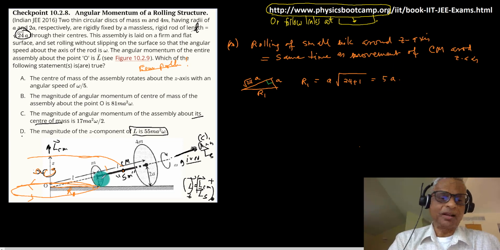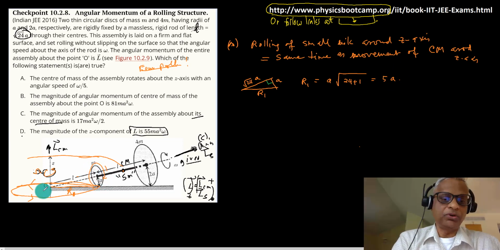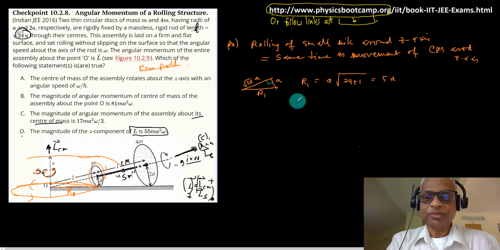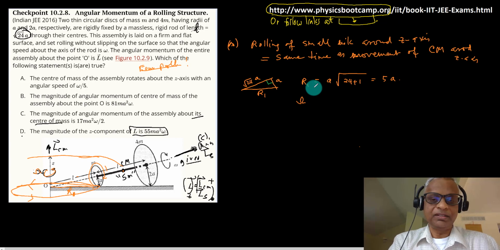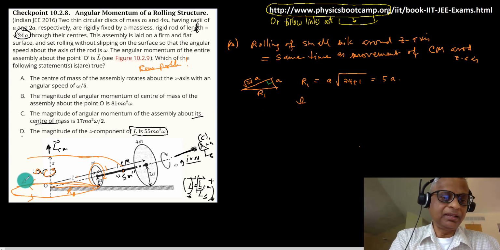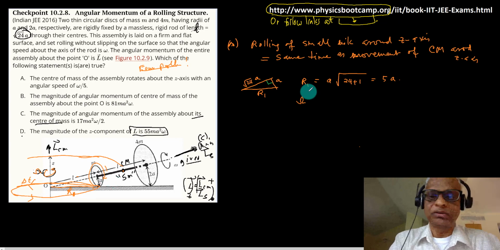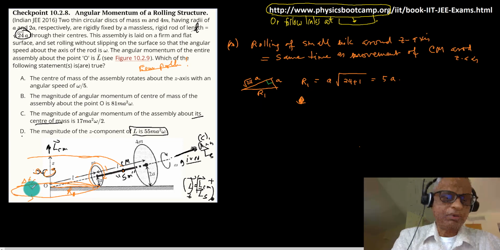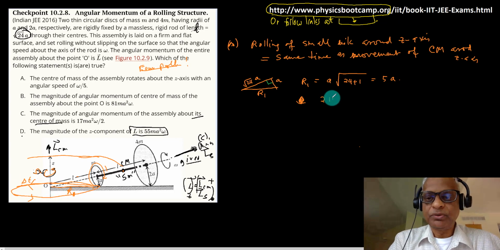So how many times will this go around in one full revolution? So if it takes delta t to go fully around, then it's going to be 2 pi in delta t.